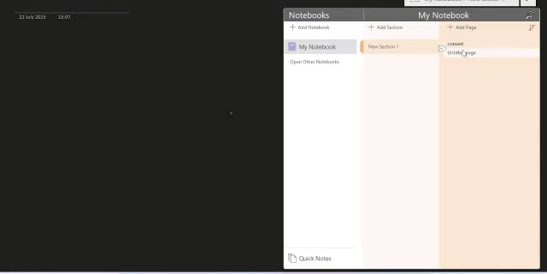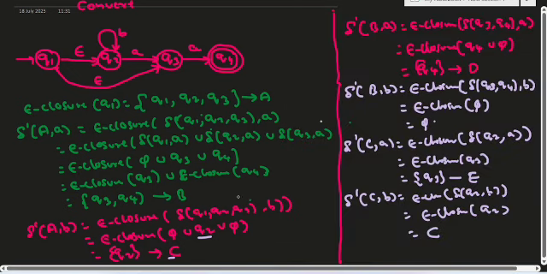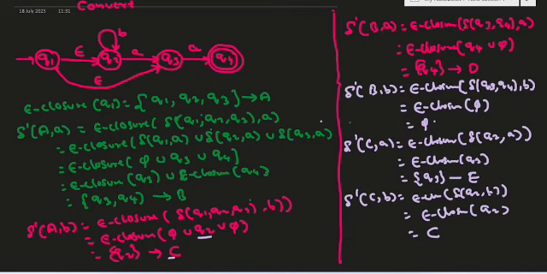So the value of D is, let's see here, D consists of only Q4. So we will just go here. Q4, there is not any transition for A or B. So anyhow we have to process that also.